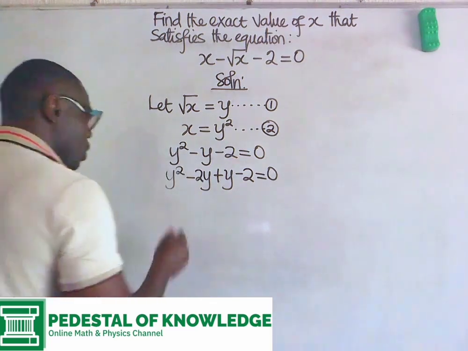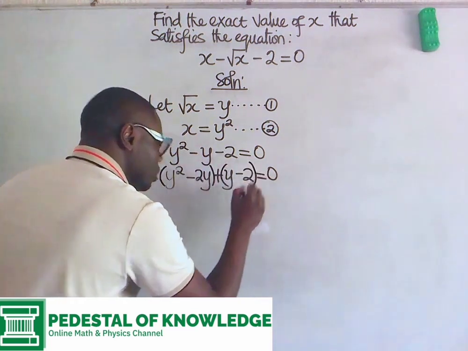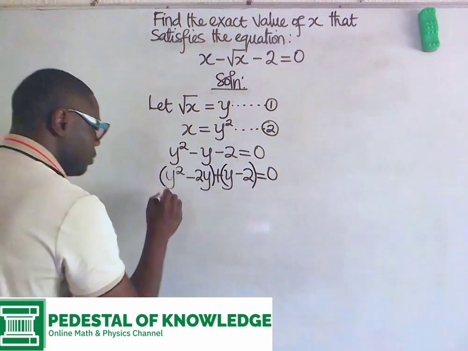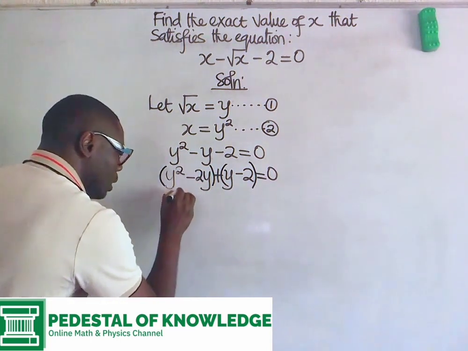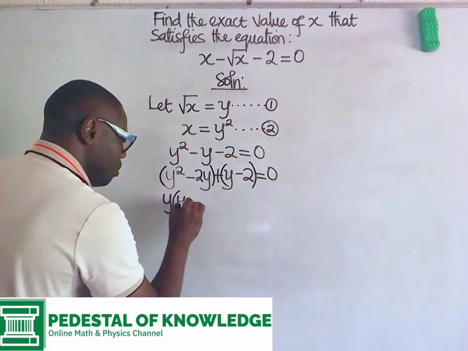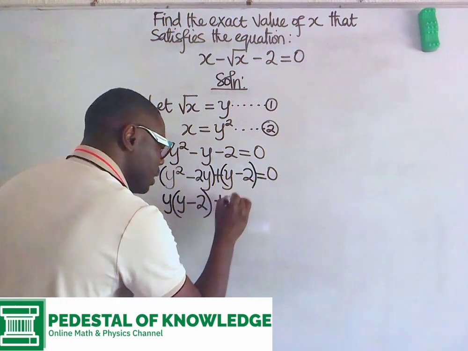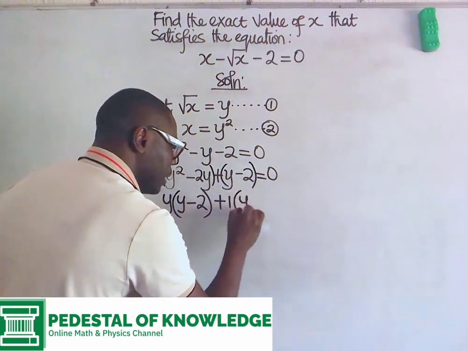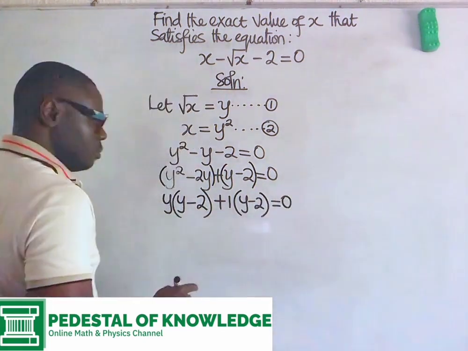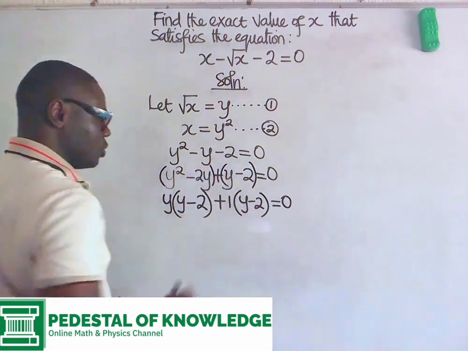Okay, now when we group this, we're going to have this. Now since y is common here, we factor it out. So we have y, and then we place whatever remains inside the bracket. What remains here is y minus 2, then plus 1 into y minus 2 is equal to 0, because 1 times y is y, and 1 times minus 2 will give us minus 2.